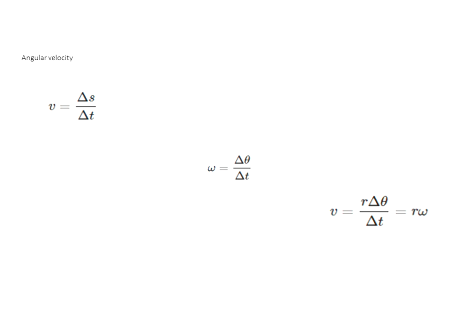So recall our definition of what we used to call regular velocity. Now we really need to call this translational velocity. It equals displacement over delta t.